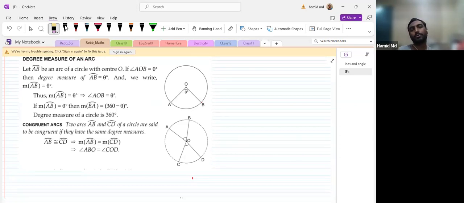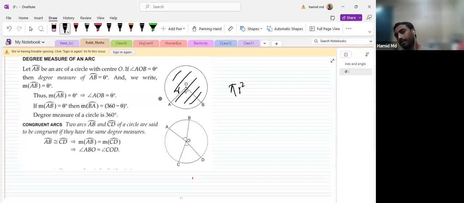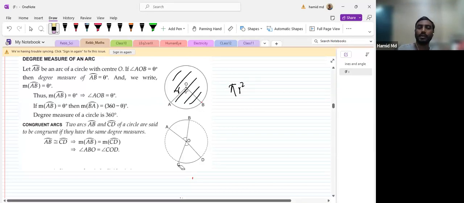I already told you the area of a circle is pi r square, where r is the radius, right? Yeah. So this will give the entire area. Now this question is asked frequently.